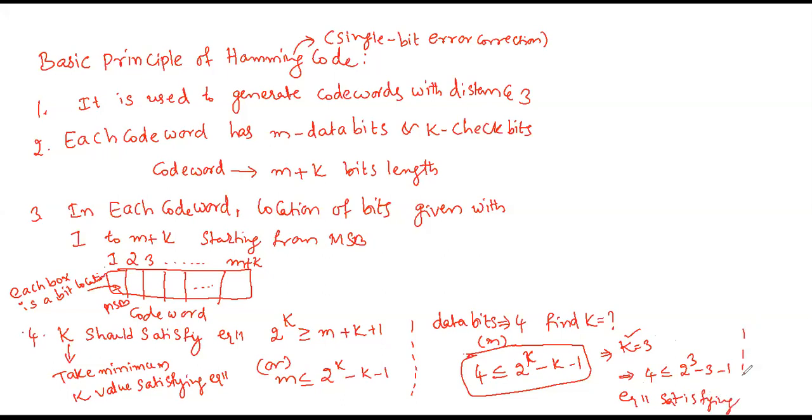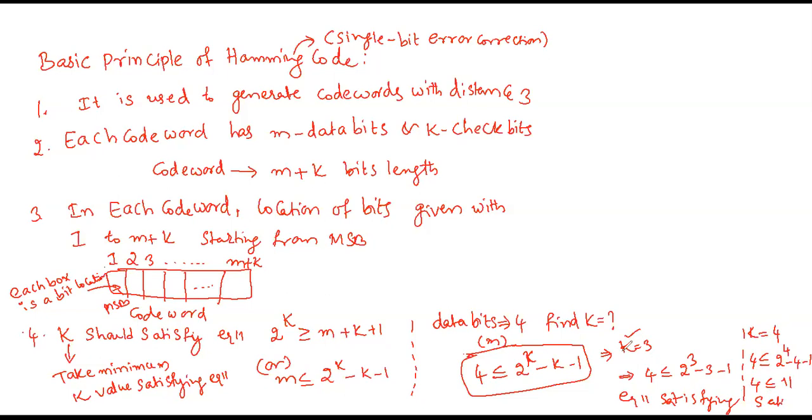Now let us check for k is equal to 4. 4 is less than or equal to 2 to the power of 4 minus 4 minus 1. 16 minus 5, 11. It is also satisfied.